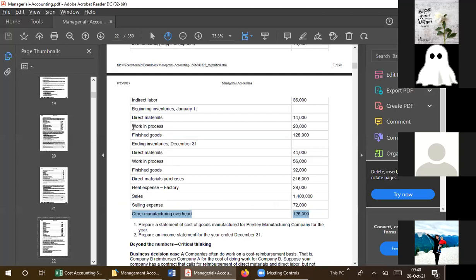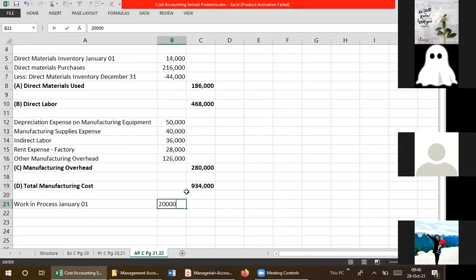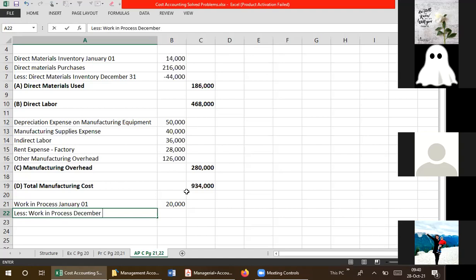So beginning inventories work in process on January 1st is 20,000. Then we have less work in process, December 31st.